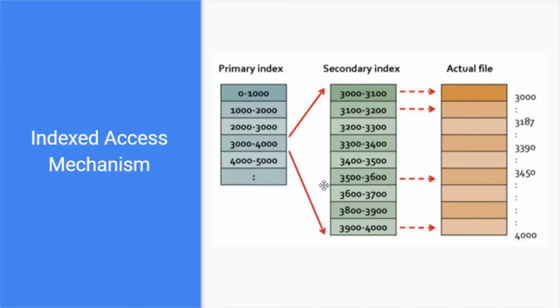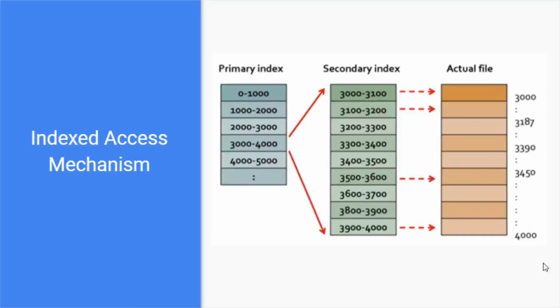That is, we have some subdivisions. From here we will find that our actual record can be found at this position. So in this way you can find the data sequentially but in an indexed manner. You can access the data or information stored in the file quickly using this method.